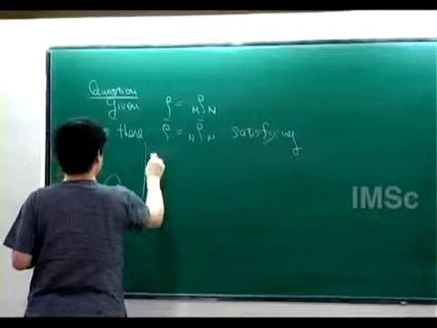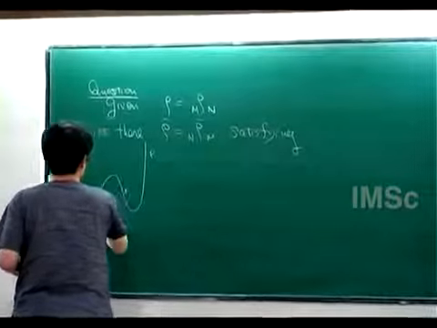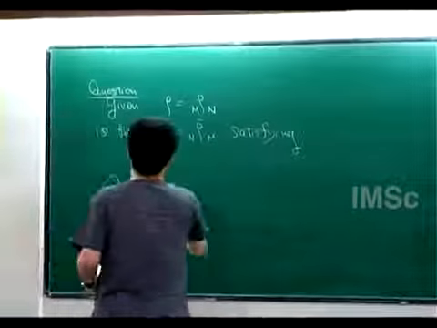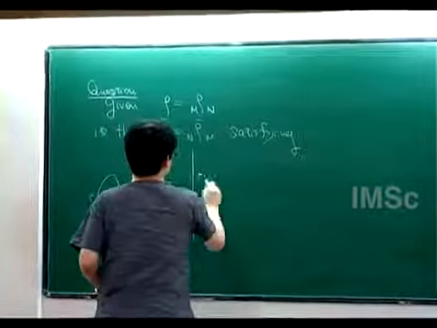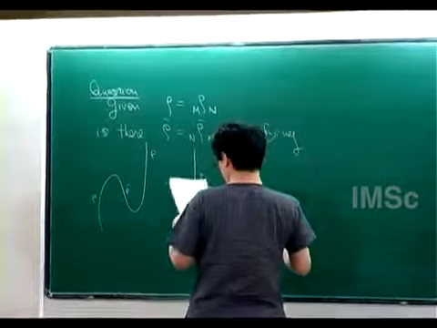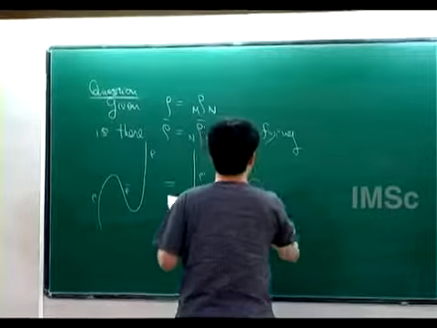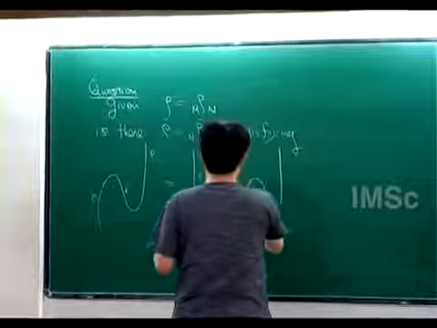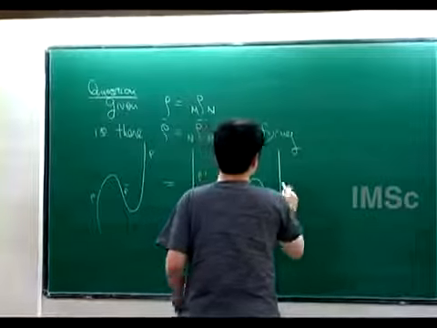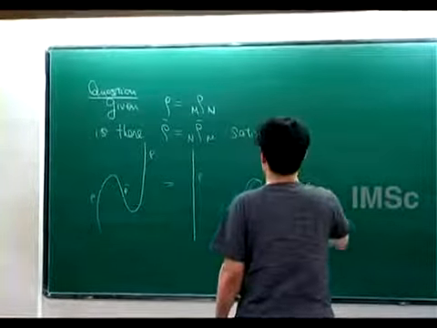So this will be rho bar rho equal rho, and also I need another one. Rho bar rho equal rho bar.